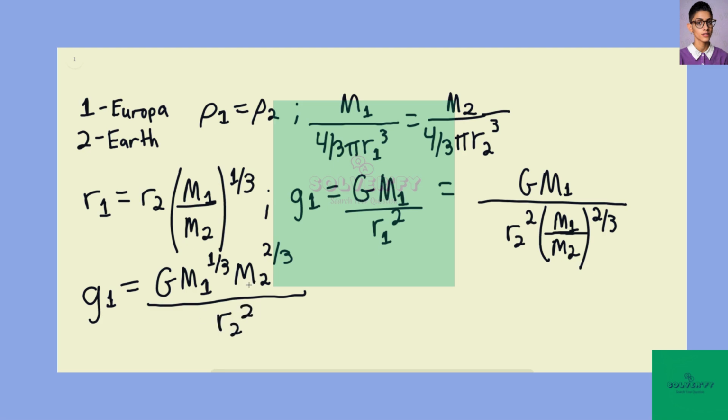the gravitational constant times the cubed root of Europa's mass times the cubed root of Earth's mass squared, divided by the radius of the Earth squared. This is going to be equal to G m sub 2 divided by r sub 2 squared times m sub 1.